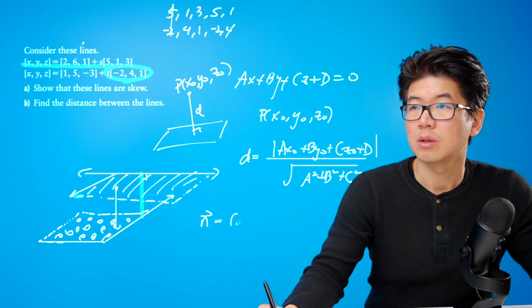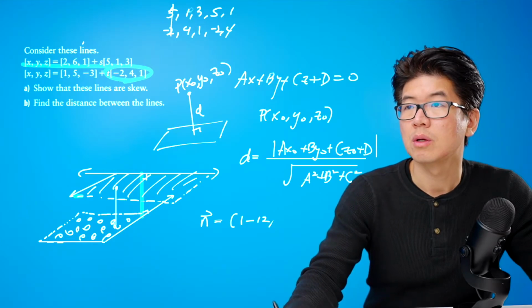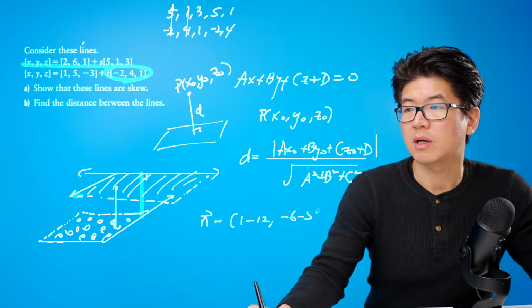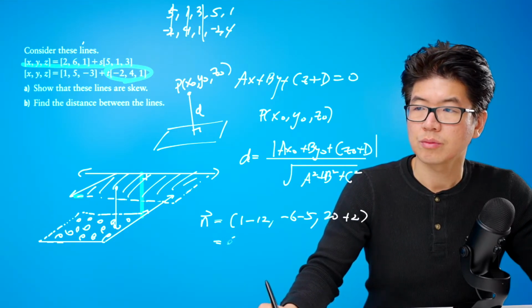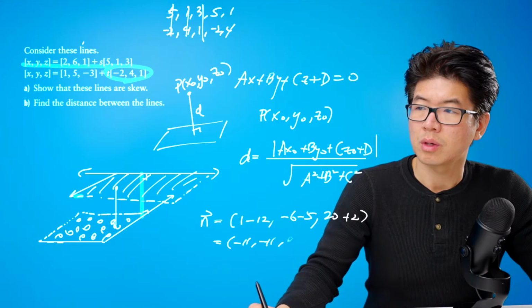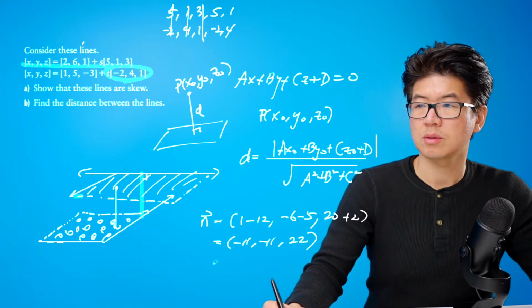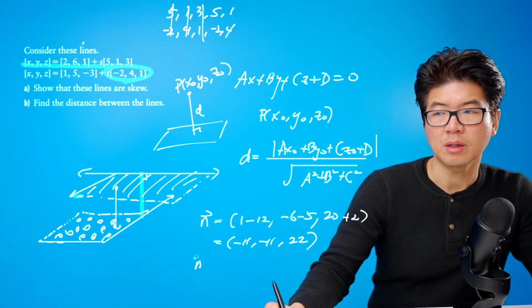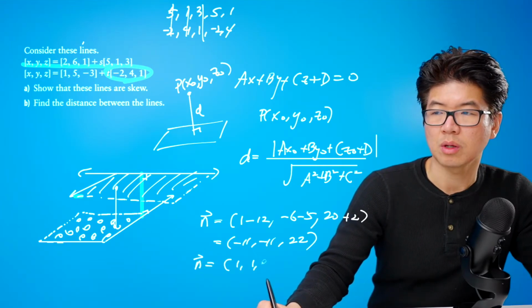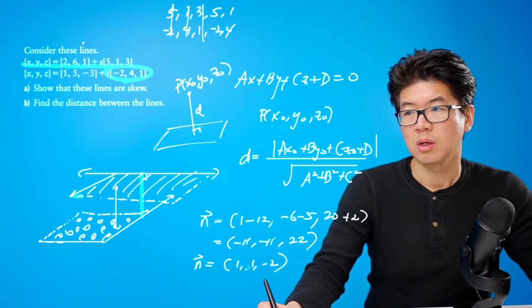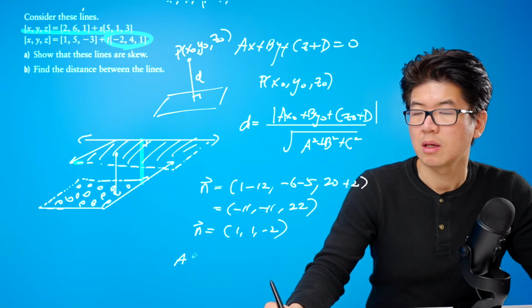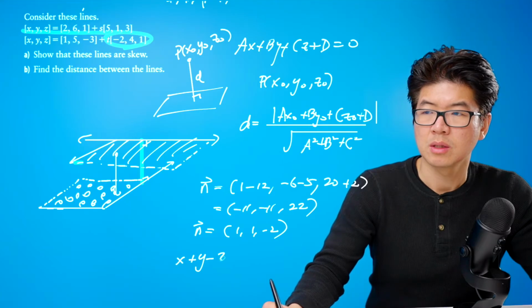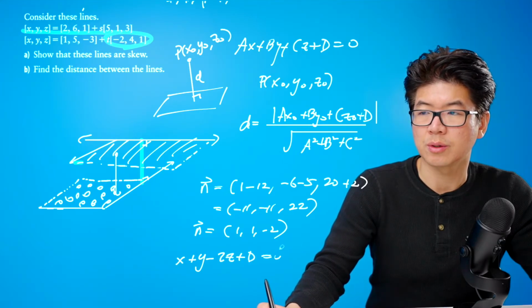So you get 1 minus 12, minus 6 minus 5, 20 plus 2. Okay, we get this. But you can divide this by negative 11 to get 1, 1, negative 2. Which means our plane will look like this. A is 1, so 1x plus 1y minus 2z plus d is equal to 0.